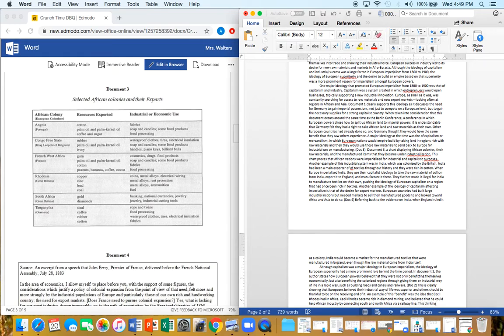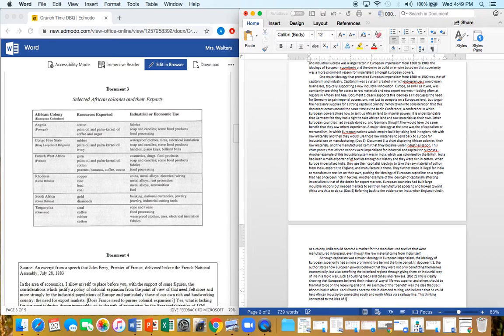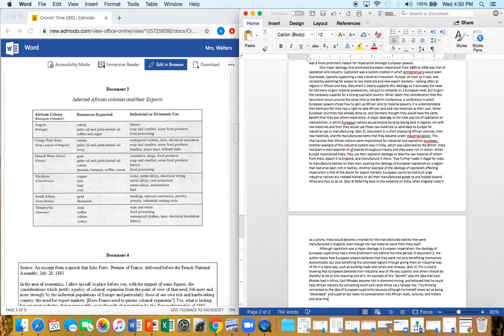This thinking connects to the idea of European superiority because although he believed it would help the African economy, he himself views rail as being developed and superior, but takes no consideration into African roots, cultures, and history, and what they view as being developed.